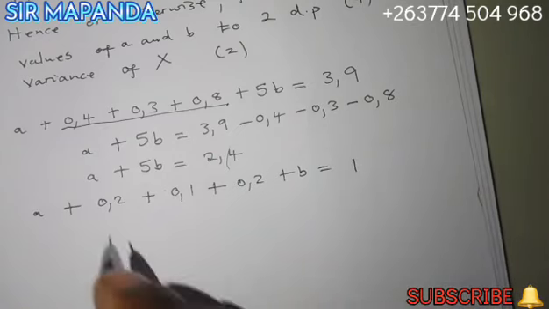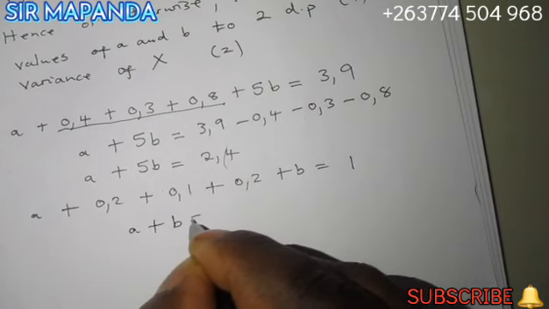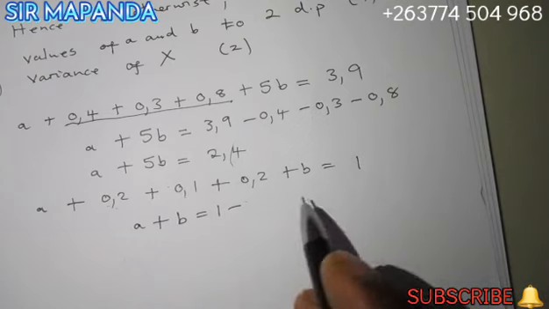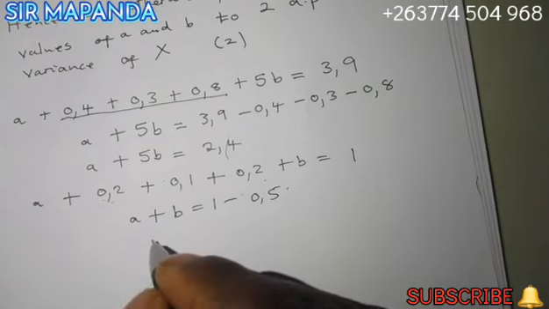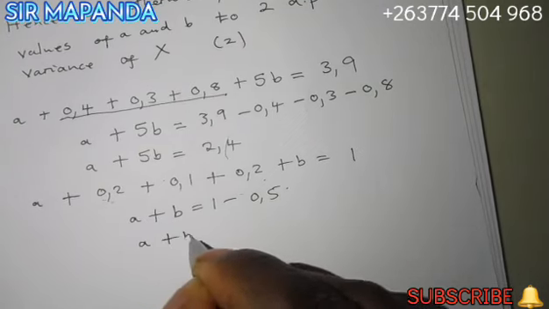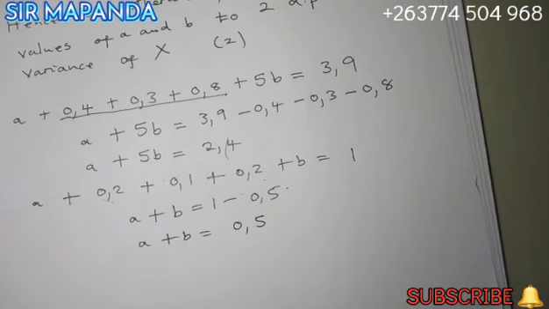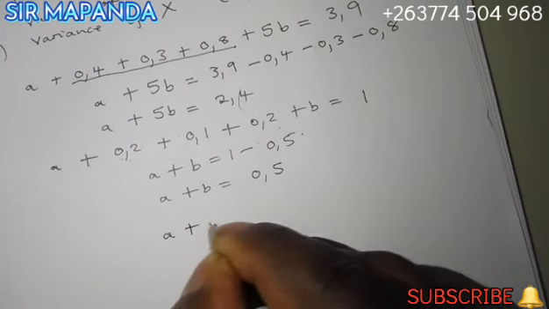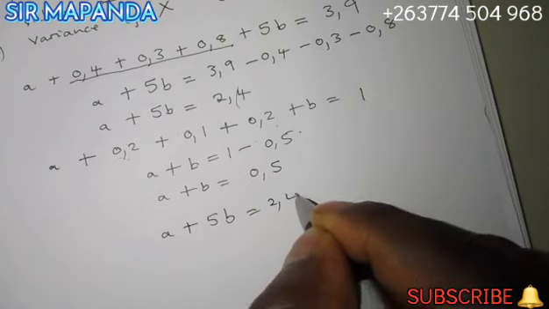So a plus b is equal to 1 minus the total of the 3 probabilities, which is 0.5. Right, so a plus b is equal to 0.5, which is the second equation, right? So let us align our equations. a plus 5b is equal to 2.4, right?